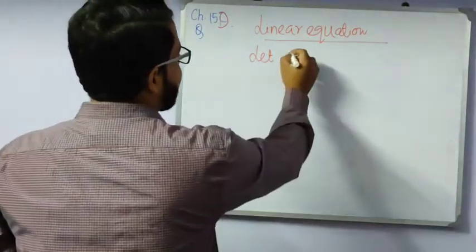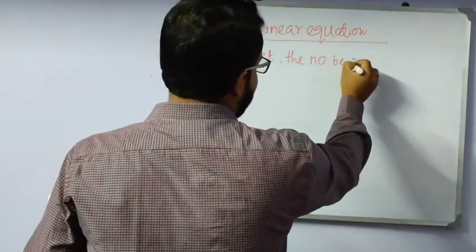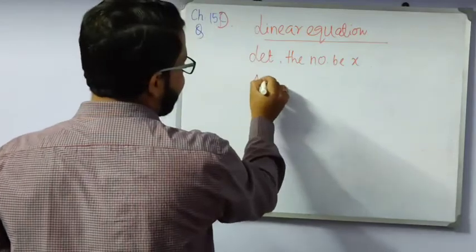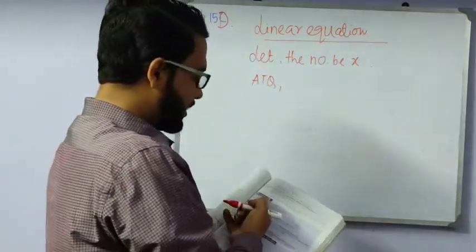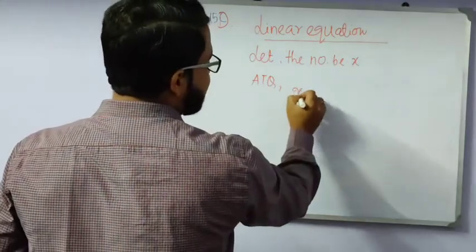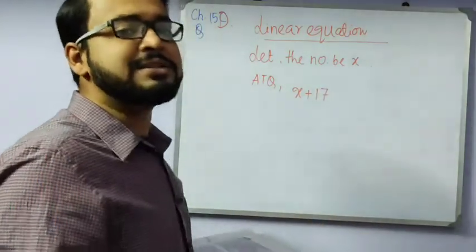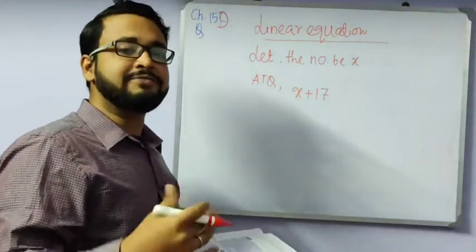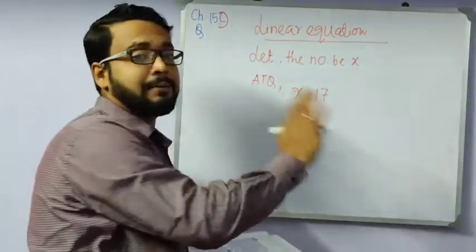Let the number that we have to find out be x. On the second line we can write ATQ, according to the question. The number increased by 17 means we have to add 17. If they say decreased by 17, then we have to subtract, minus 17.